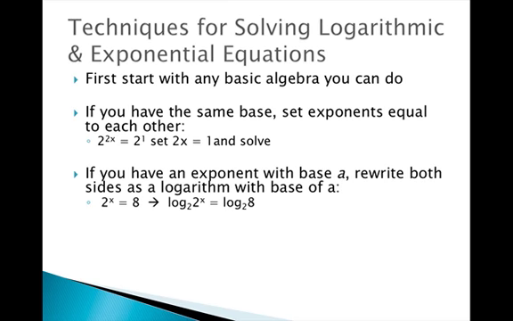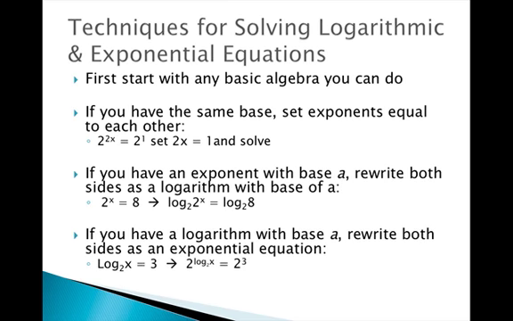The last type of problem that you're going to see is the opposite of what we just saw. Instead of having an exponential equation, we're going to have a logarithm with a base of a. If this is the case, you can rewrite both sides as an exponential equation to get that log to cancel out. So again, we've got log base 2 of x equals 3.